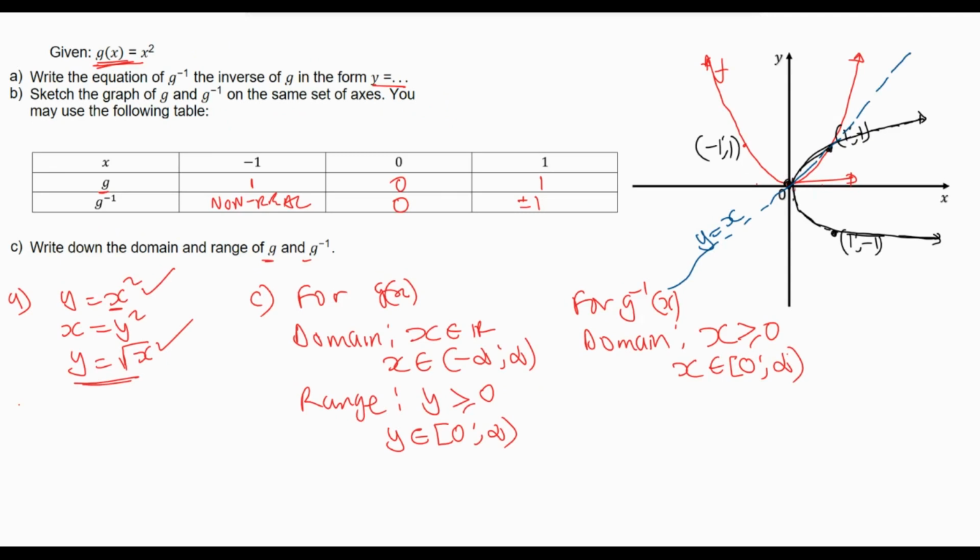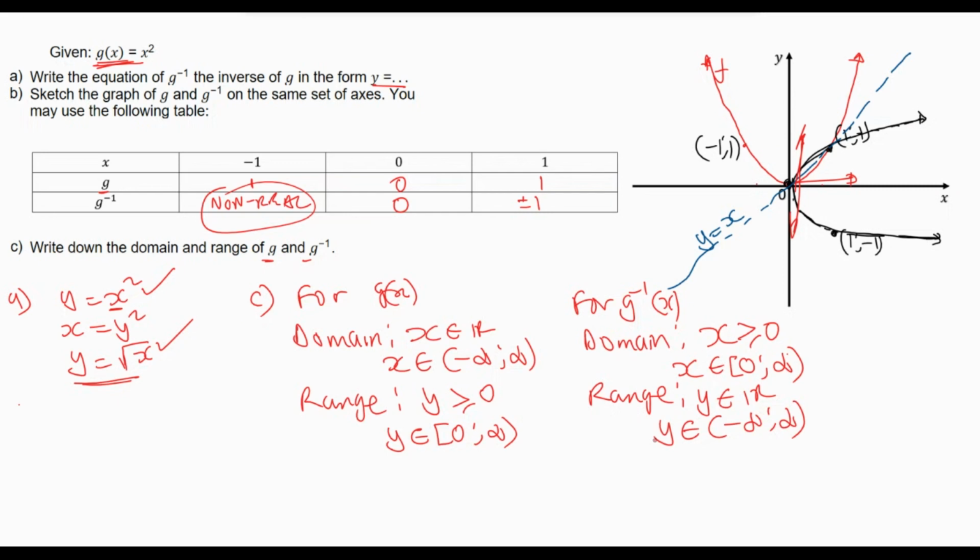Below 0, the graph doesn't exist. Range, the y values now, will be from negative infinity to infinity. That is for the black graph, the inverse. The range is y, an element of real numbers, or y is from negative infinity to infinity.